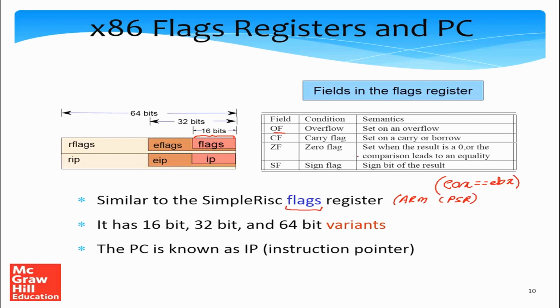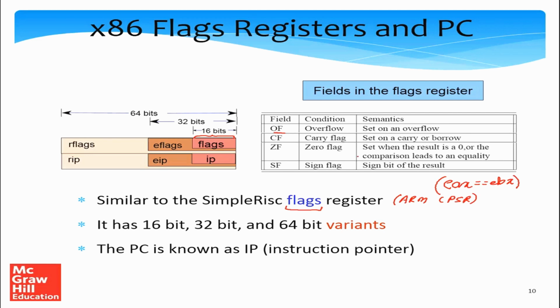So the idea here is that this flags register, or EFLAGS or RFLAGS, depending upon the processor and the assembly language, stores the flags in exactly the same way as the simple RISC flags register or the ARM CPSR register used to.